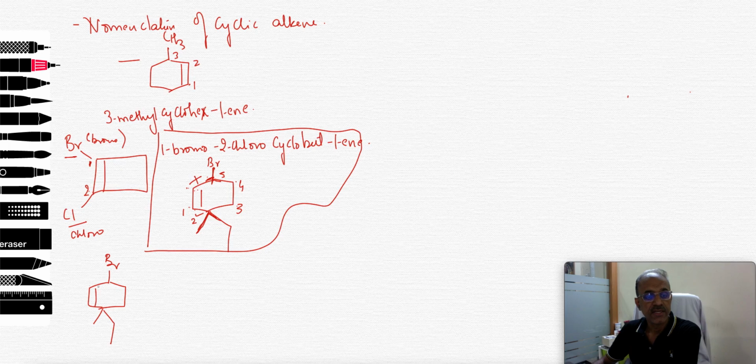Now, last example we will. Right? Now whether you have to number it from here or from here. If the double bond, if I see it starting from here, then it will go 1, 2, 3, 4, 5 and then 6. If it is starting from here, then 1, 2, 3, again 4, 5 and 6. But I will go from here 1, 2, 3 because there are 2 substituents. So this has to be given the first preference.